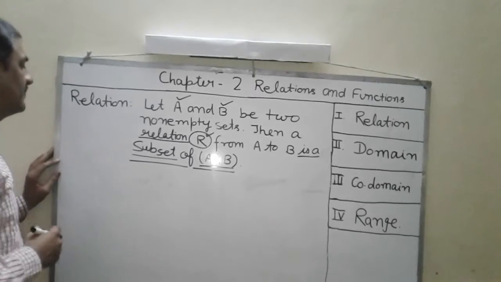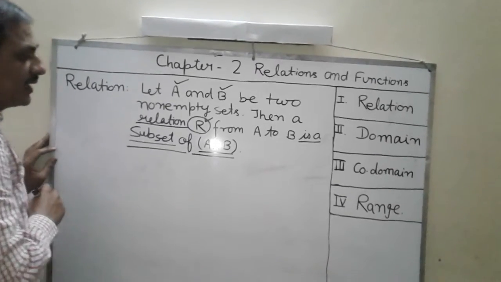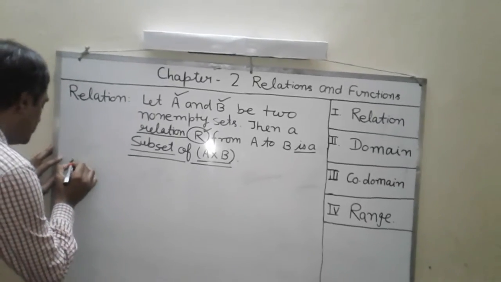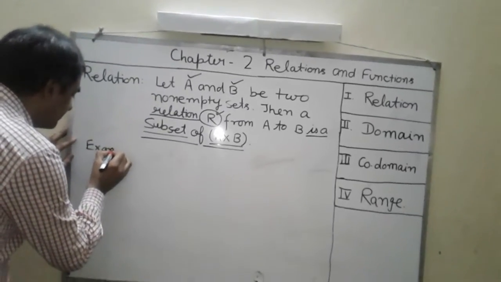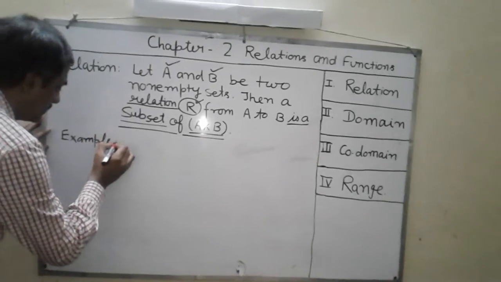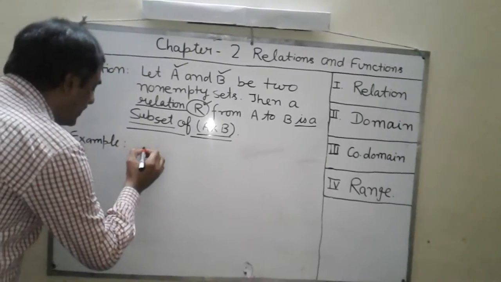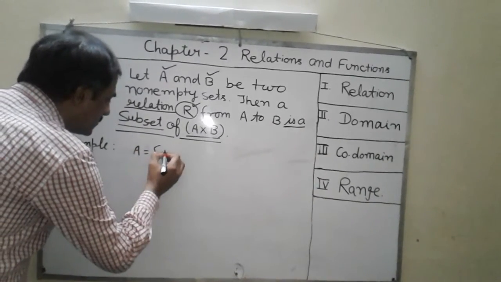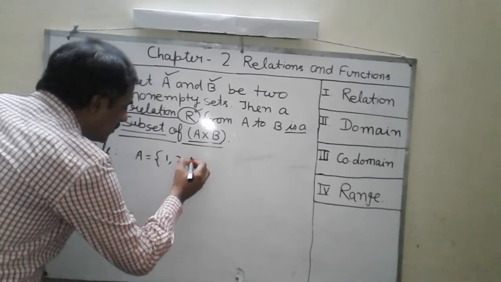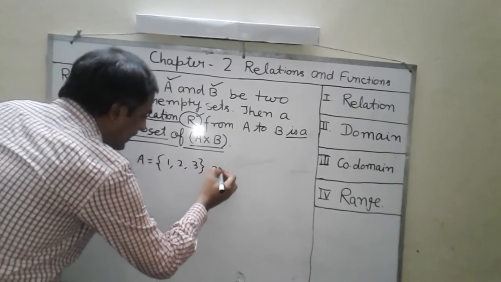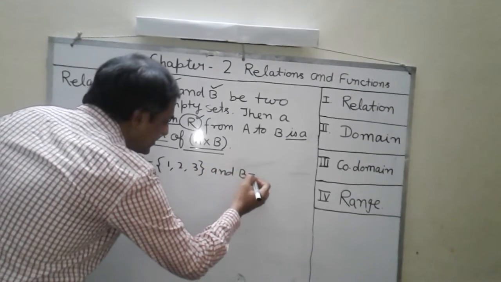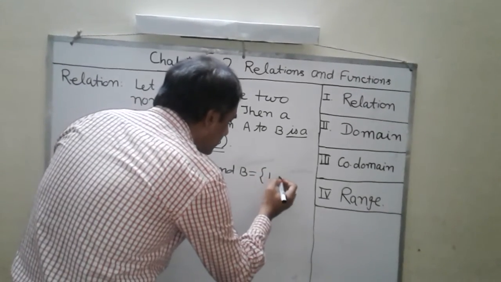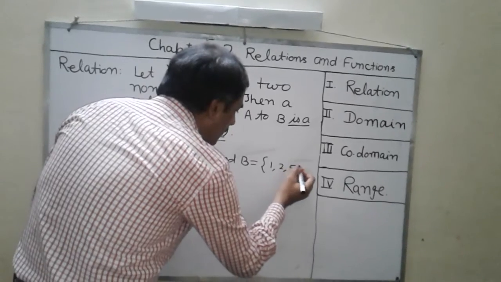For the illustration of the relation, I am taking an example. Let A is equal to {1, 2, 3} and set B is equal to {1, 2, 5}.